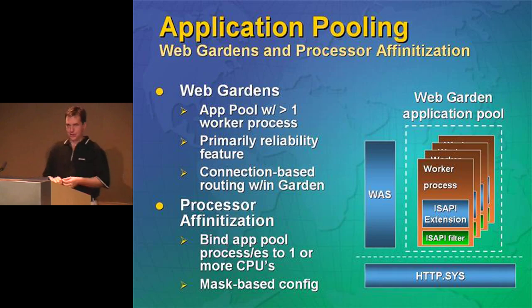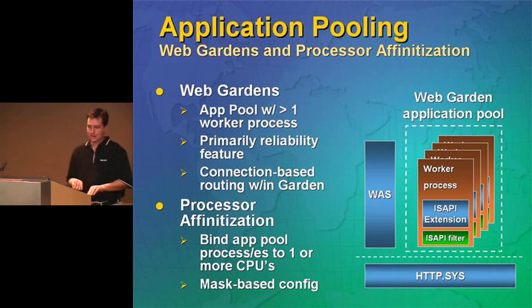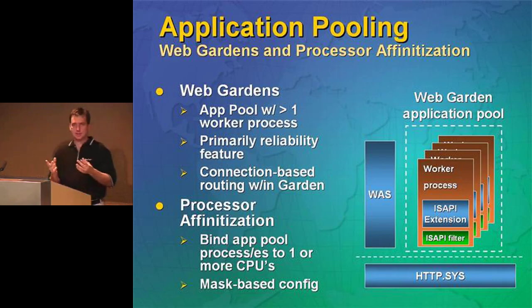There's a term in IIS 6 that we call a web garden. A web garden is when you have an application pool and you configure that application pool to have multiple worker processes serving it. This is primarily a reliability feature. If I set up an application pool and it has 4 worker processes running, if any one of those processes becomes loaded, there's other ones available in the pool to run.